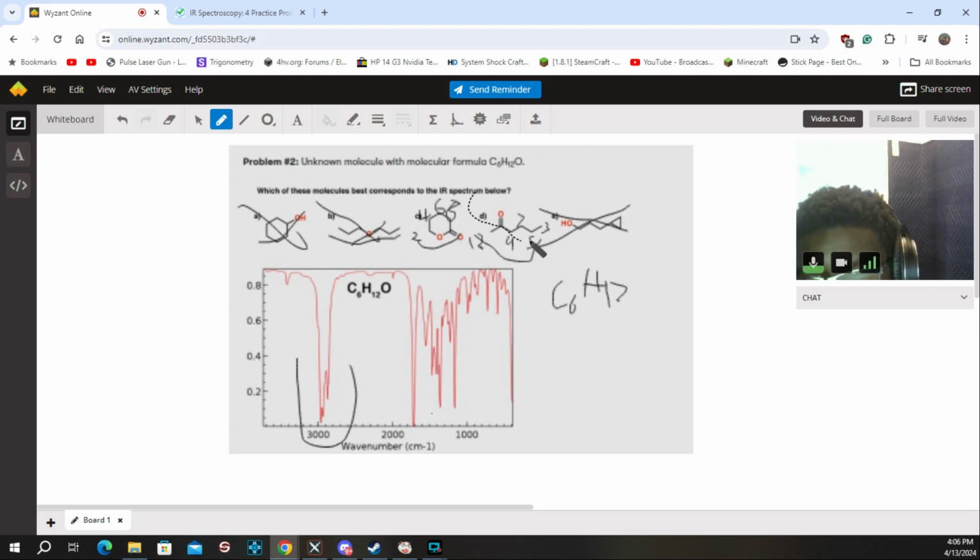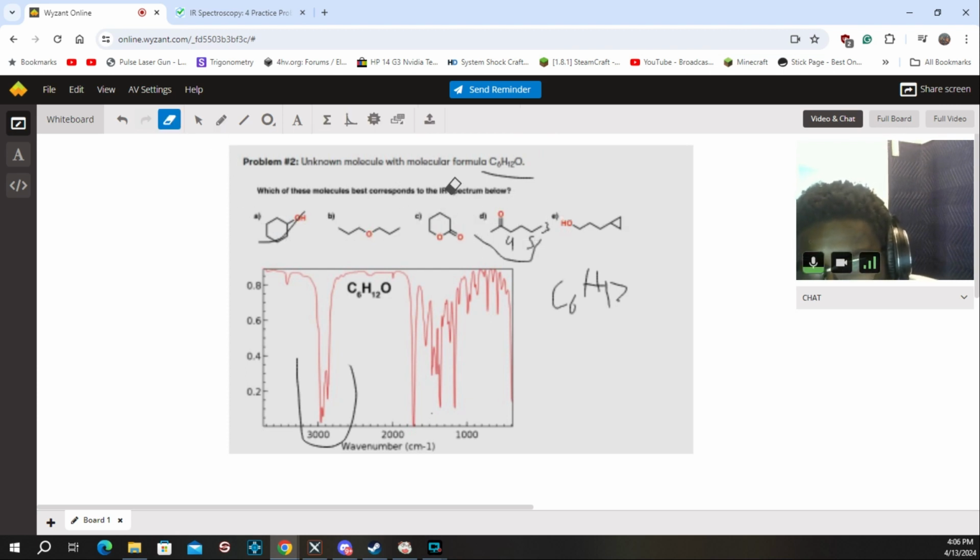Which one meets it? D meets it. You don't have enough hydrogens in our... Also, we don't have enough oxygens. That's why it can't be C either. We don't have enough oxygens for it to be an ester either. That one should have stuck out to me more. But hey, we made that one in pretty good time.